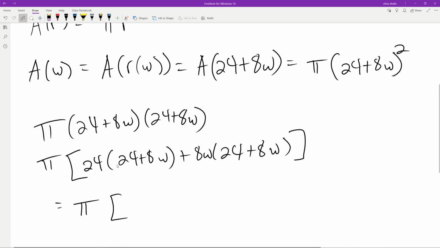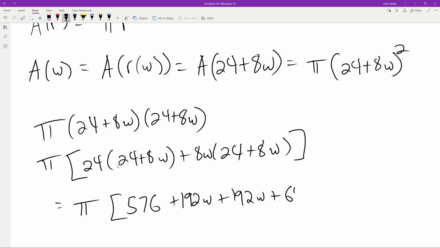This is pi times, let's see, 24 times 24 is 576. 24 times 8, that's 160, plus 32, that's 192. So 24 times 8w is 192w. 8w times 24 is once again 192w. 8w times 8w is 64w squared.